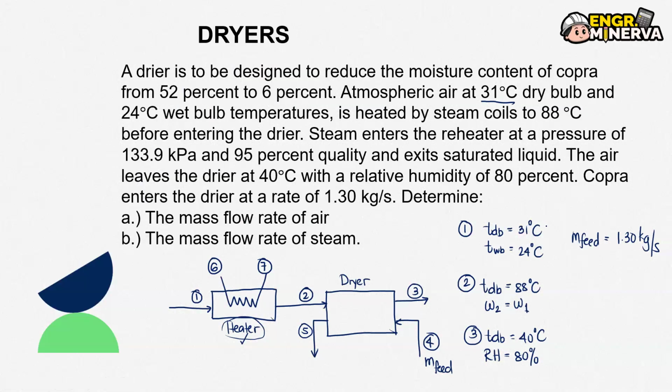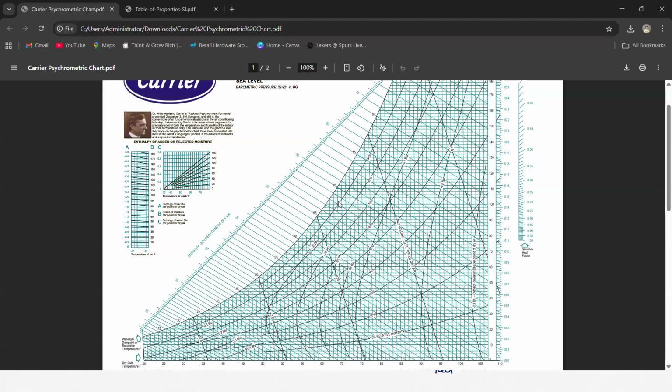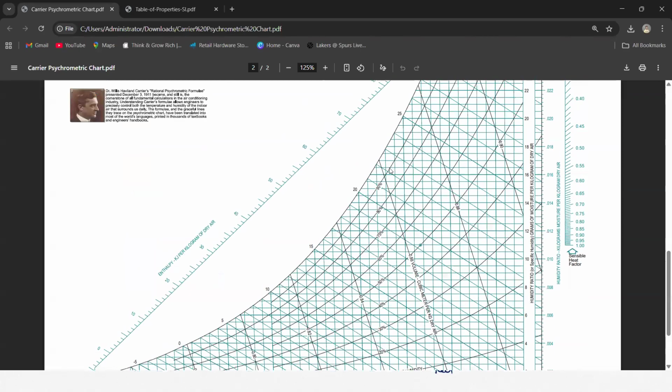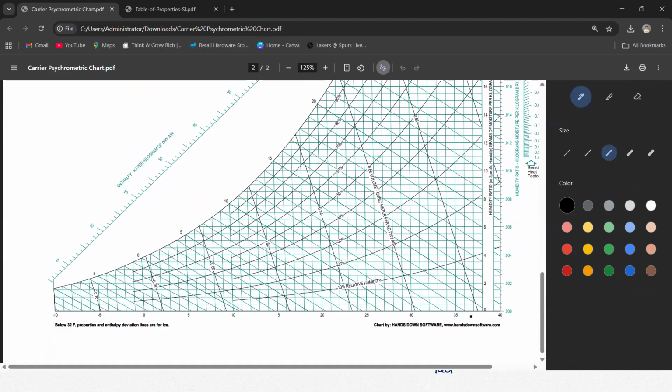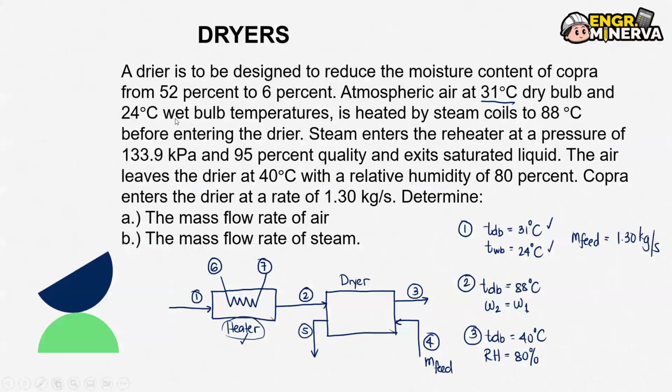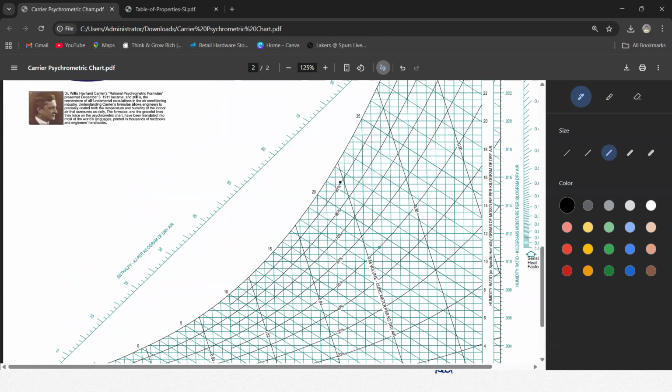So 31 degrees Celsius, 24 degrees wet bulb. Let's check. Again, that would be 31 degrees dry bulb. Then you have 24 degrees wet bulb. So where's the wet bulb? This is the 24.